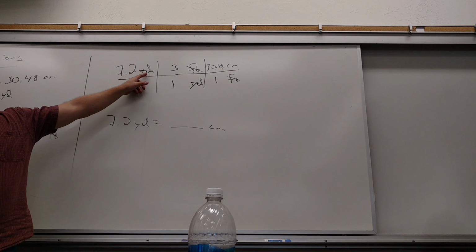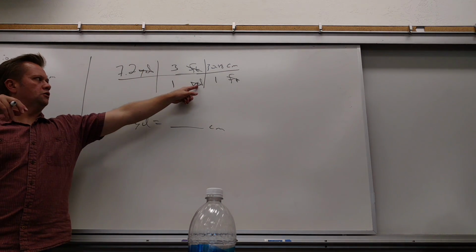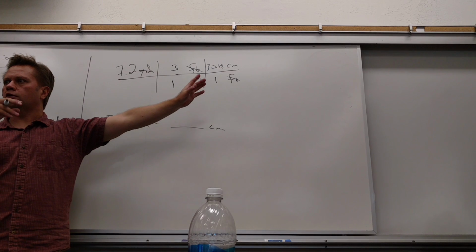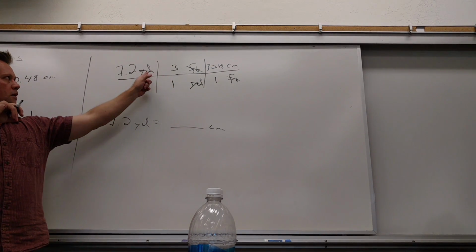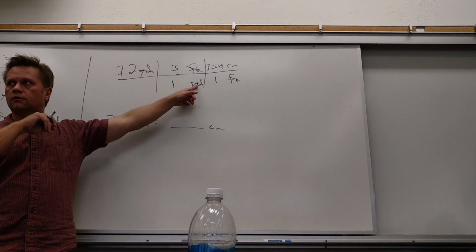So it's all about how you make those units cancel so you can replace them with different units. To make the yards cancel, you've got to put the yards there. Yards to feet.